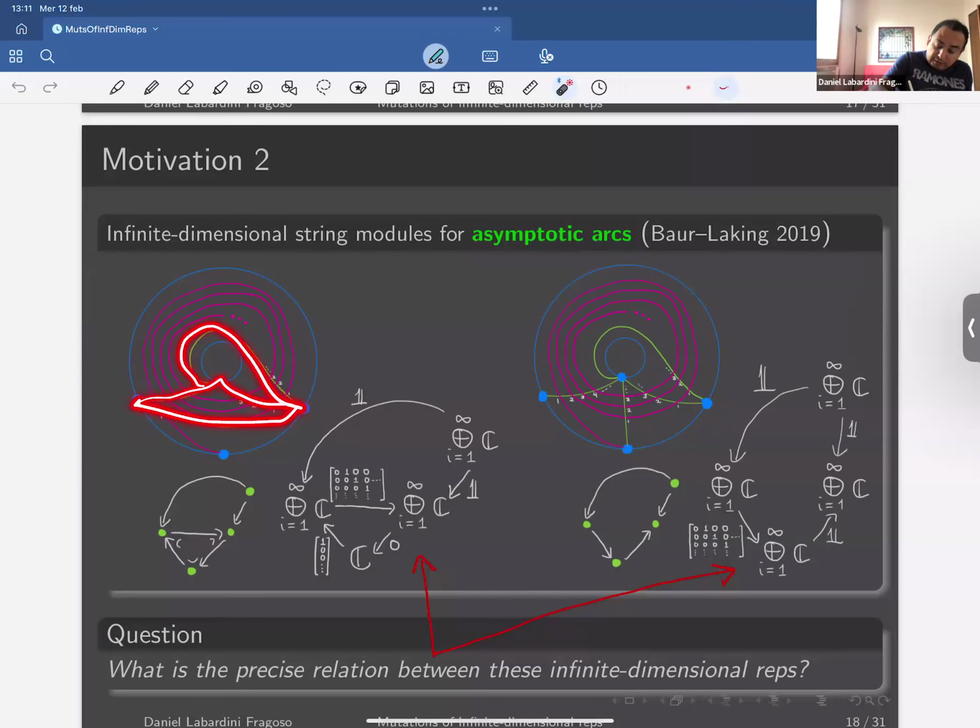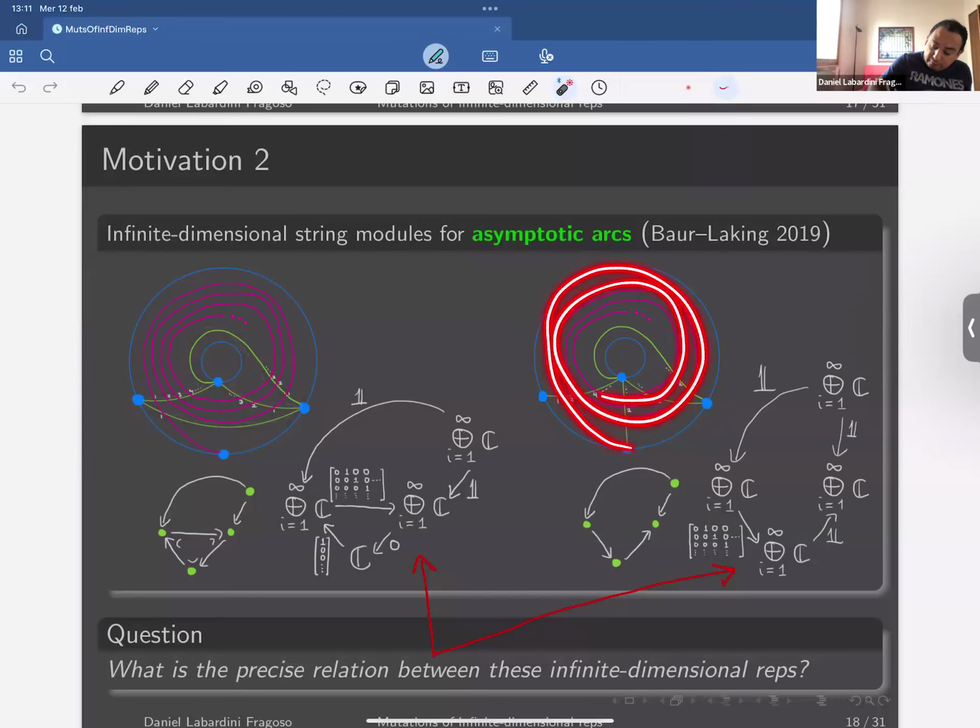And here you have the same non-compact curve, but with a new triangulation, namely from this one we flip this arc, so we obtain this. For each one, you have the gentle Jacobian algebra and the representation that Bauer and Laking associate to the curve.